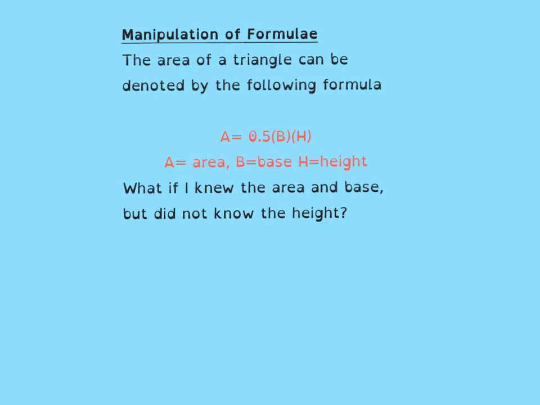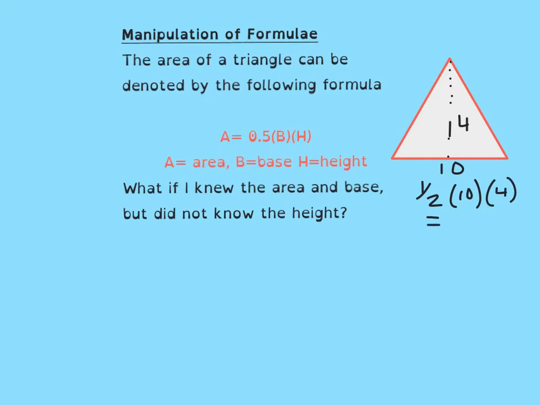If we just draw a rough triangle, and you would have been told that the base might have been 10, and then the height could have been 4. So you would have done half the base, which is 10, by 4. So you know that the area of that triangle would be 20 units square. So whatever a unit is, it could be metres, it could be centimetres, and so on. So that's what you would learn for junior cert.